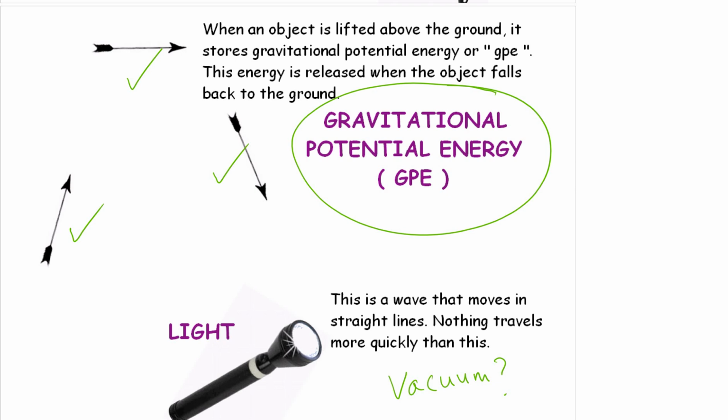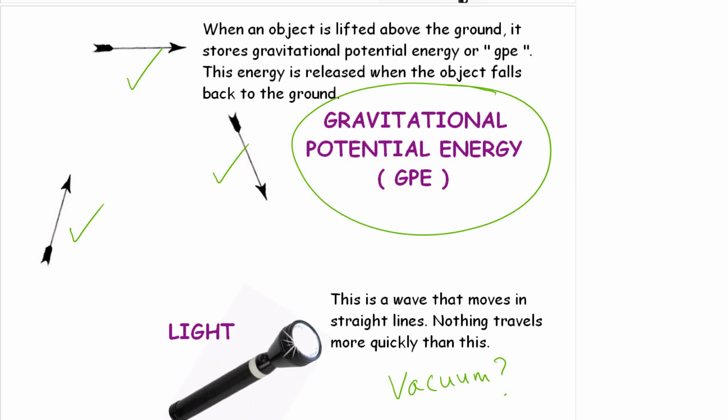I'll give you a little example now. If you were to pick up a football, the higher up you hold the football, the more stored energy it's got. For example, pick the ball up to your knees and release it. It drops.